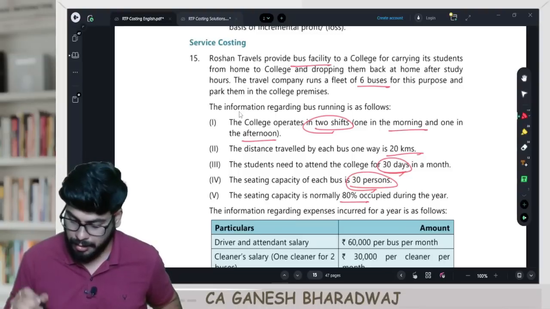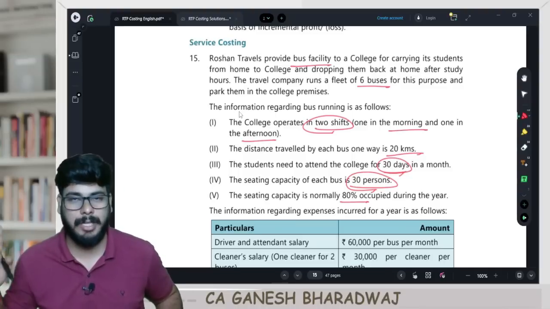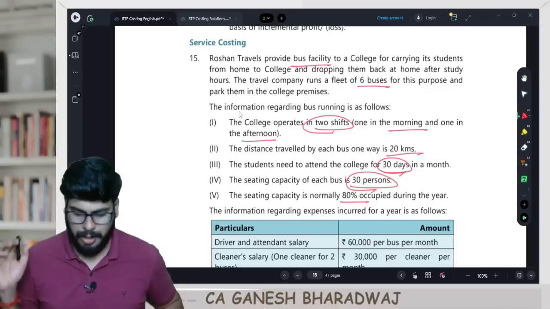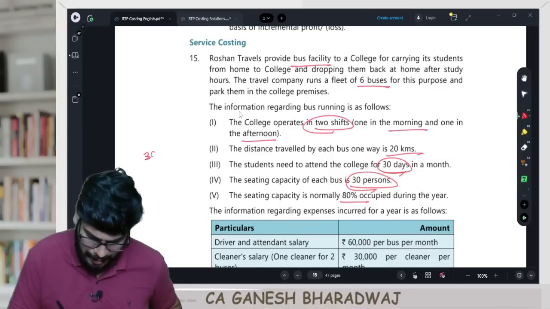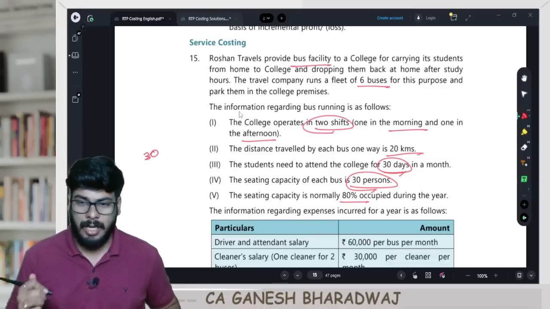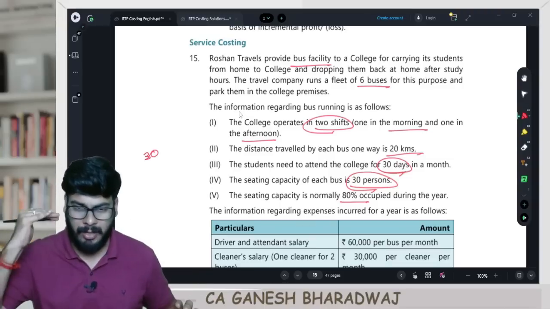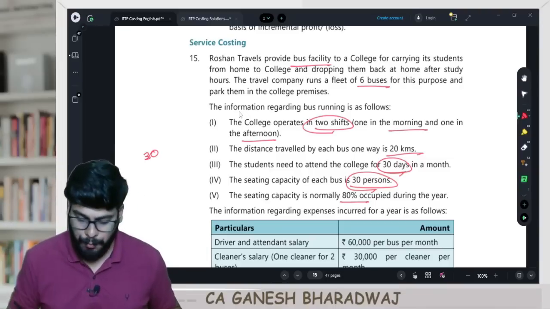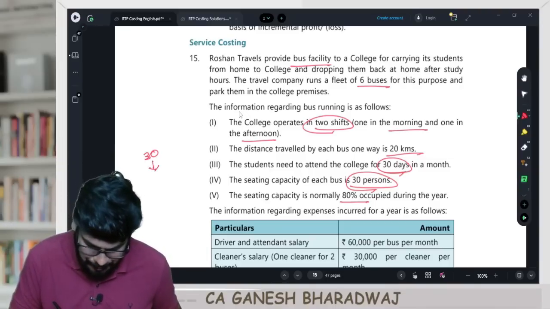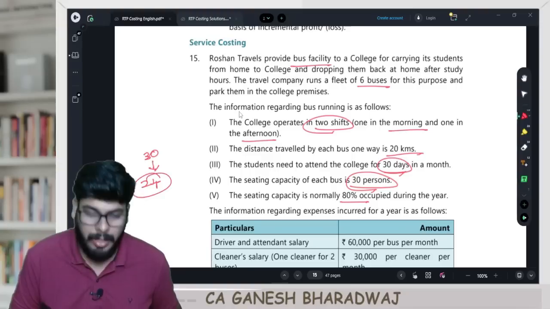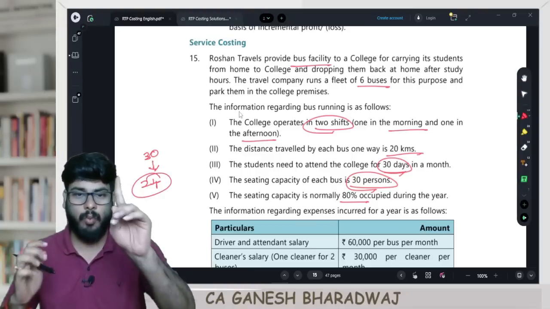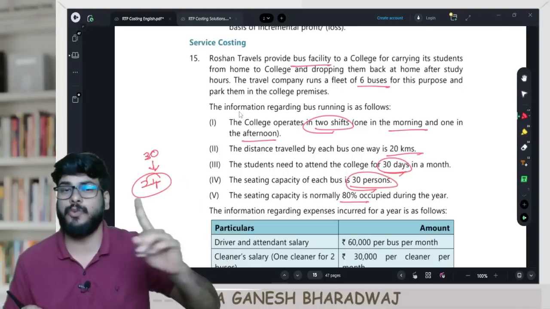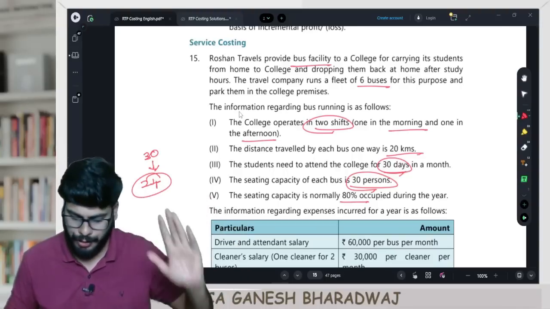That is, 80% is occupancy. 80% is occupied throughout the year, which means what? The bus has a capacity of 30, carrying 30 students, right? And on an average at any given point of time, only 80% of the capacity is filled. So 30 into 0.8, ideally speaking, the bus only transports 24 students. One bus transports 24 students at a time. Are you clear with this?